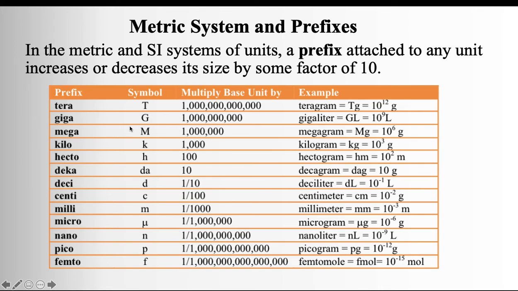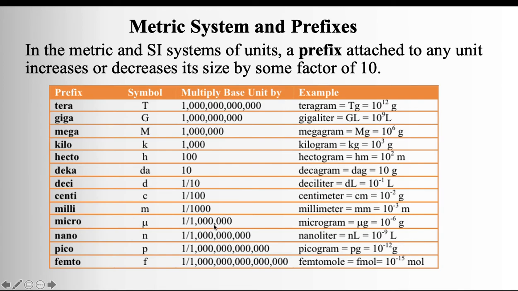Now we're not going to be using all of these units and the prefixes that are attached. These are the ones that I want you to remember: the kilo, the centi, the milli, and the micro.